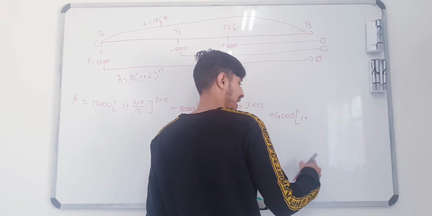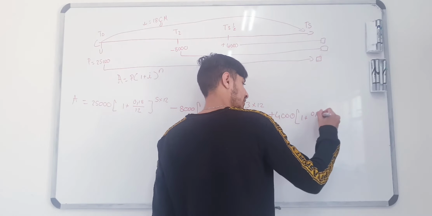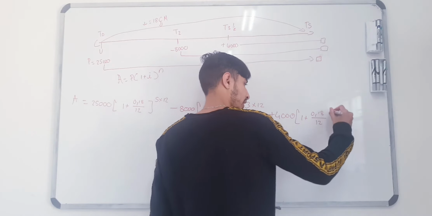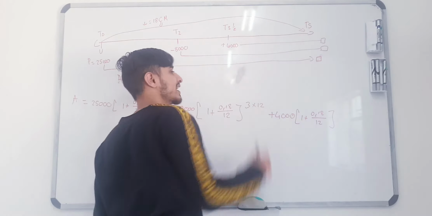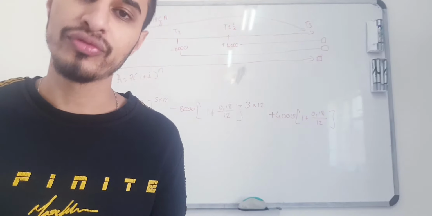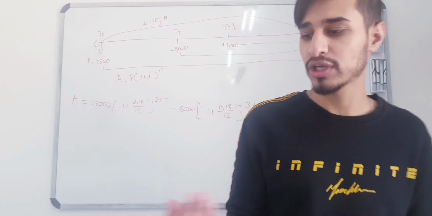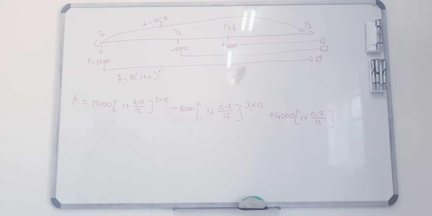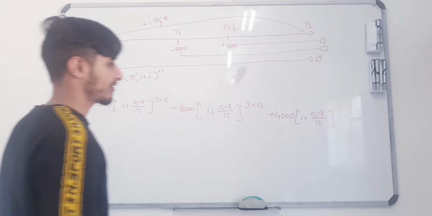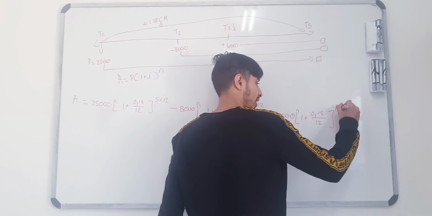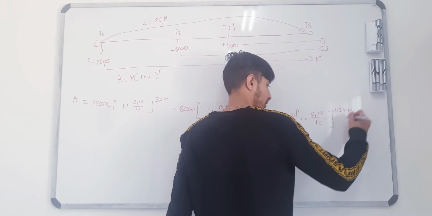So it's 1 plus 0.18 all over 12 multiplied by, how many years is it from 3.5 to get to 5? If you're not sure about this, you can take your calculator out and plug in 5 minus 3.5, and then it gives you 1.5, right? So it's 1.5 years, so 1.5 multiplied by 12.